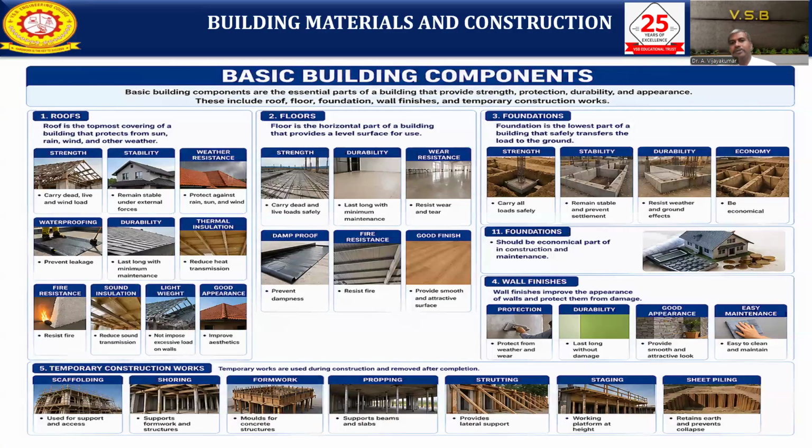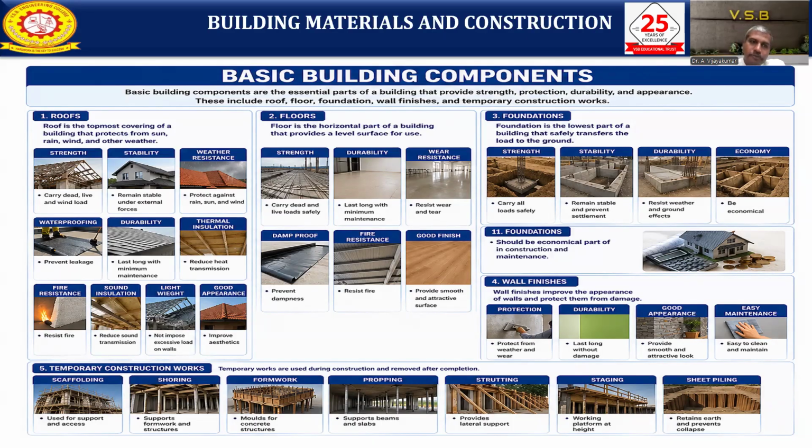Now we are going to discuss elaborately the various basic building components. Basic building components are the essential parts of the building. They provide strength, protection of the structure, durability, and appearance. These include the roof, floor, foundations, wall finish, and temporary construction; everything can be included as building components.